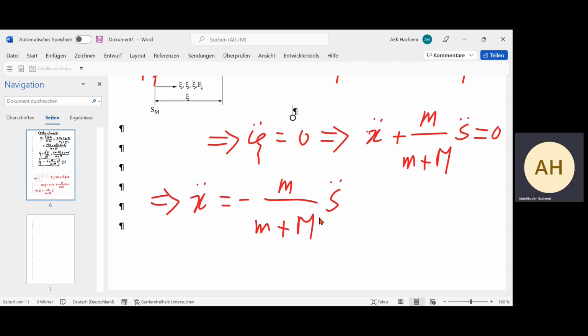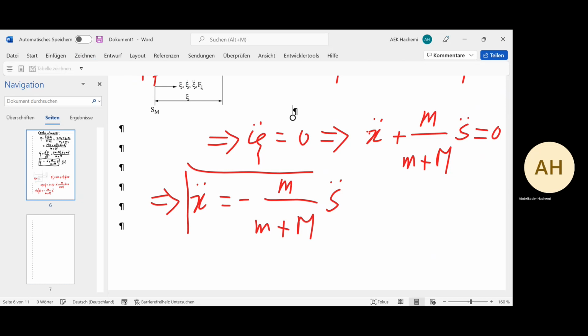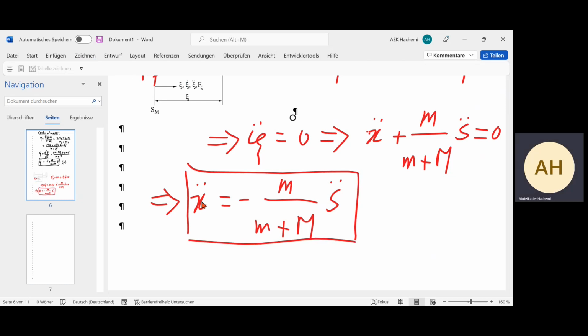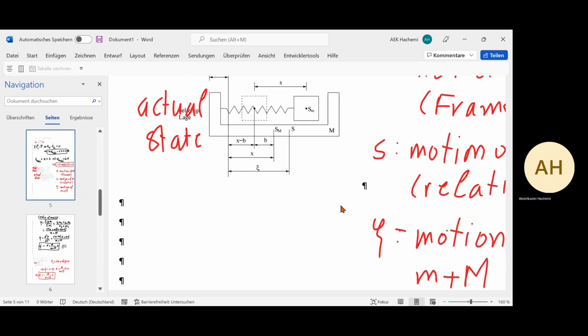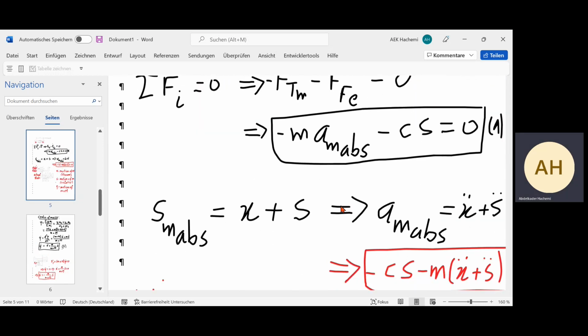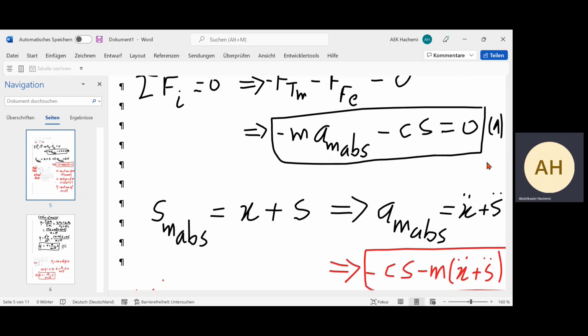Then this is the expression of the frame acceleration x dot dot as a function of the relative acceleration. And we have here in the formula, this is x dot dot plus s dot dot.